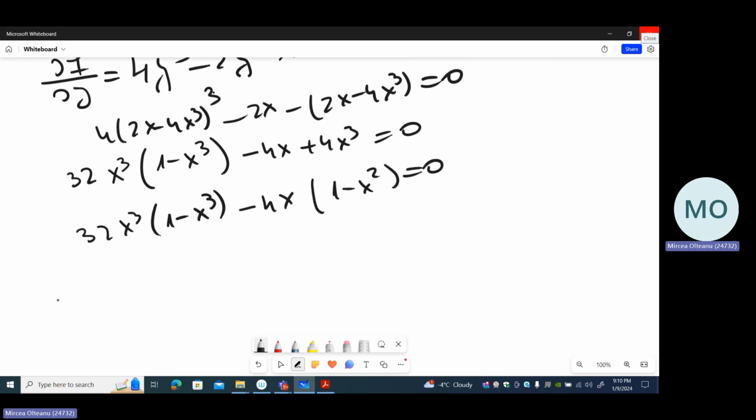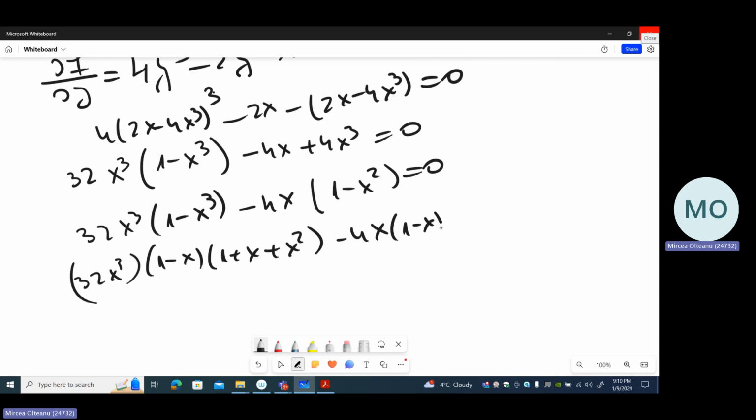So we have 32x^3 times (1 minus x) times (1 plus x plus x^2) minus 4x times (1 minus x) times (1 plus x) equals 0. And we have a common factor (1 minus x) times a parenthesis.